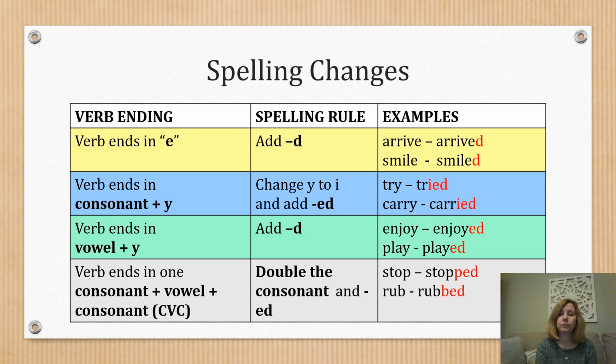Stop, stopped. So we doubled the P and added ed. The reason is T is a consonant, O is a vowel, P is a consonant, so it becomes stopped, double the P. Rub, you have R-U-B, rubbed. So we had to double the B and add ED.